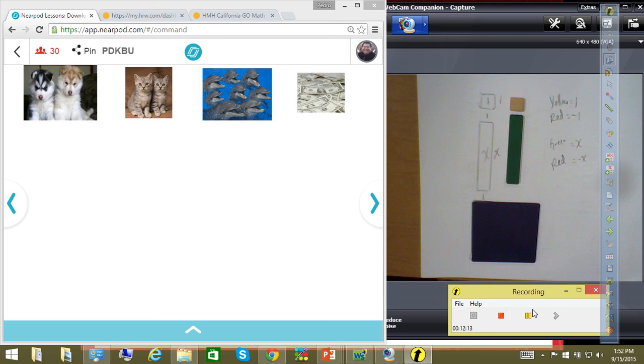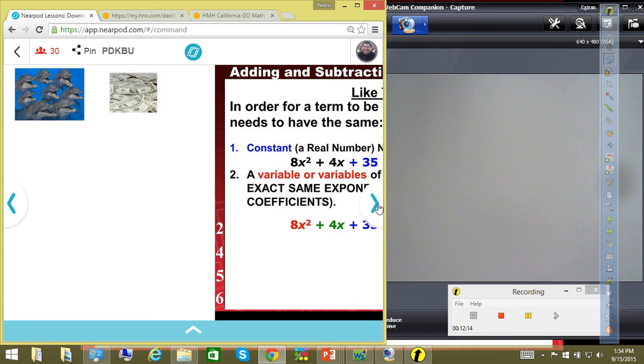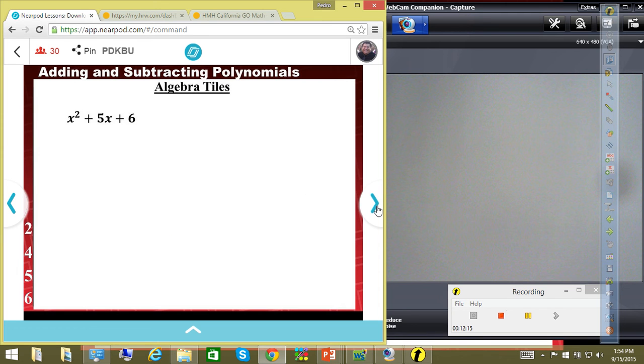Show me x squared plus 5x plus 6 using your tiles. Show me that, please. Go.